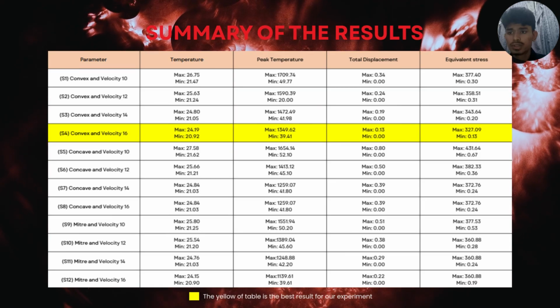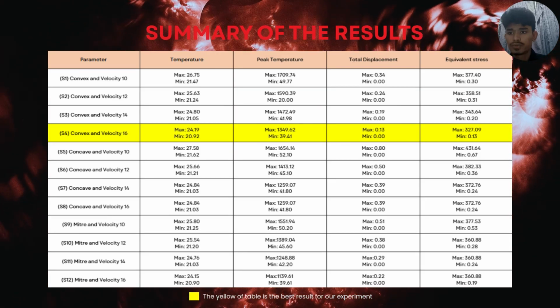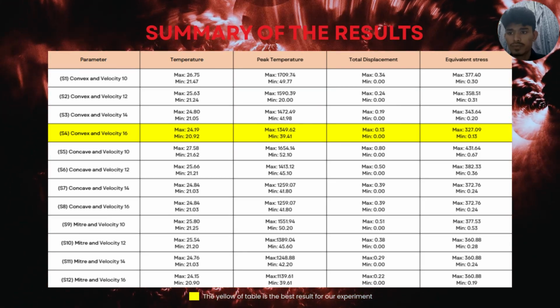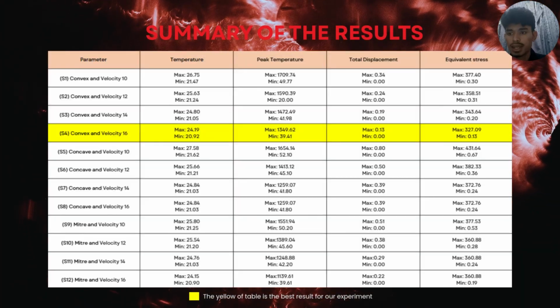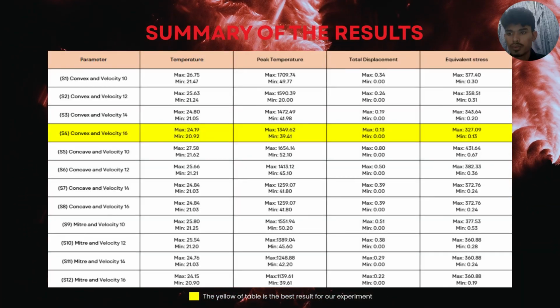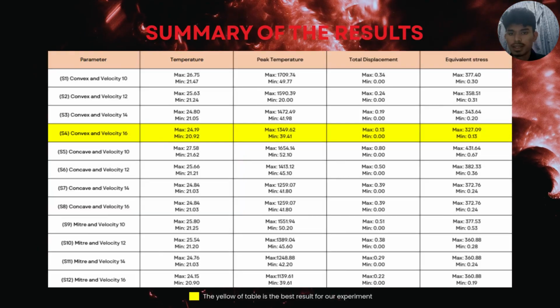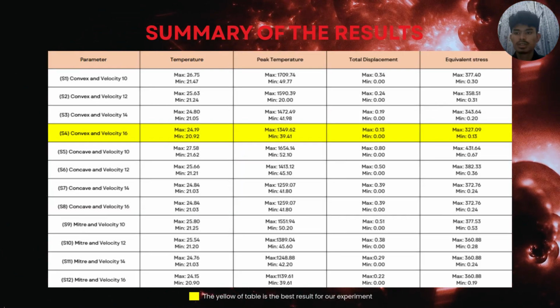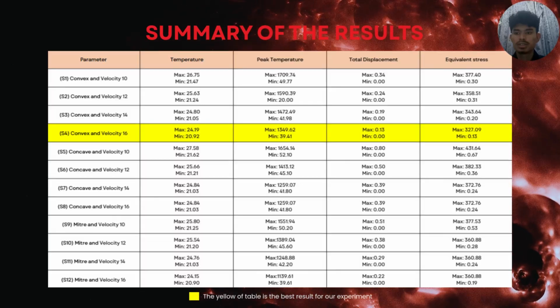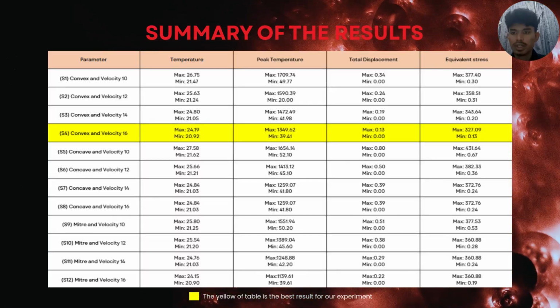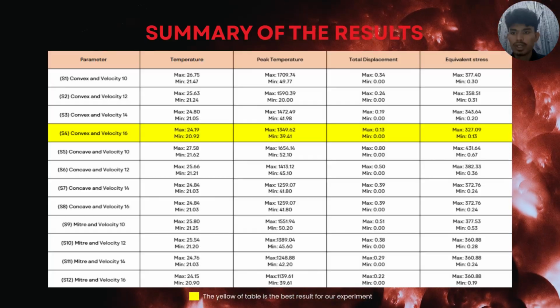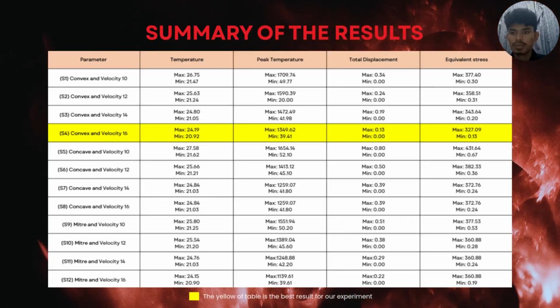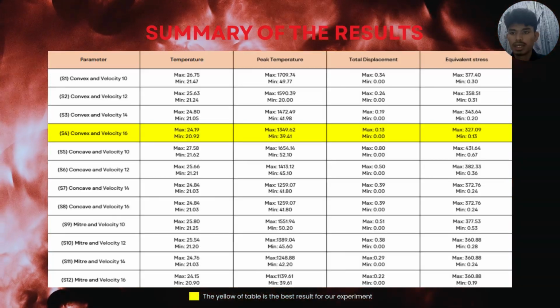Looking at the yellow table, for the temperature, we got a max of 24 and a minimum of 20. The others are higher than that, not lower. For the peak temperature, we got not too high, more than 1050, and the maximum is 1349.